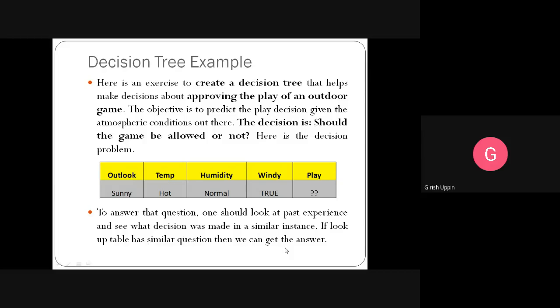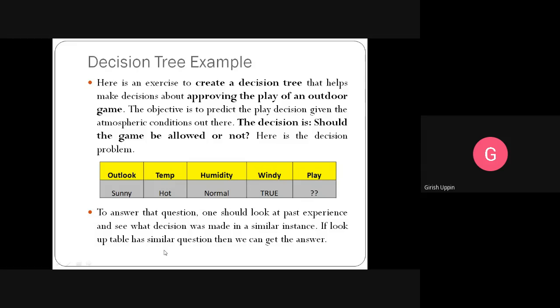A lookup table is like having historical data, and there is a certain data element which exactly matches this one: outlook is sunny, temperature is hot, humidity is normal, windy is true. Whatever decision was made in the history, the same can be used here. That is using the lookup.